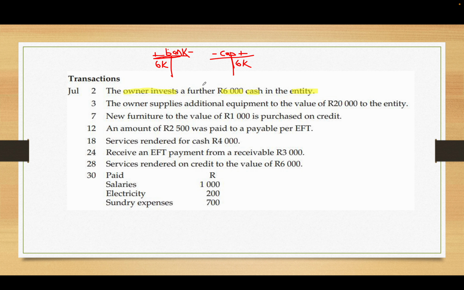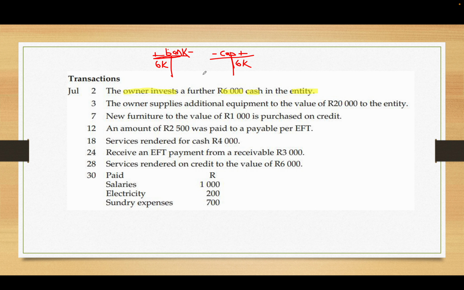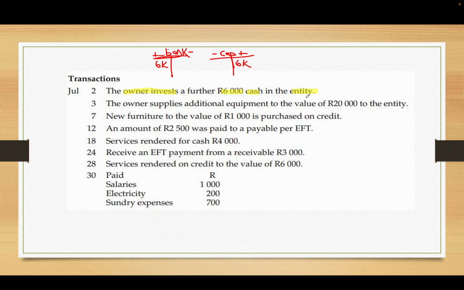So remember, our first transaction increased our bank by 6,000, and 4 plus 6 gives you 10. It also increased our capital by 6,000, so 10 plus 6 is 16,000. There we go. Okay, now let's get back to it.